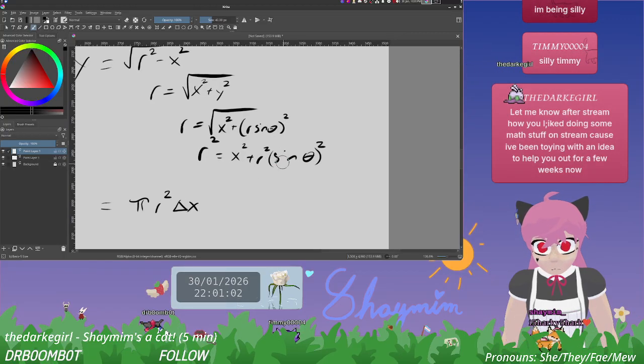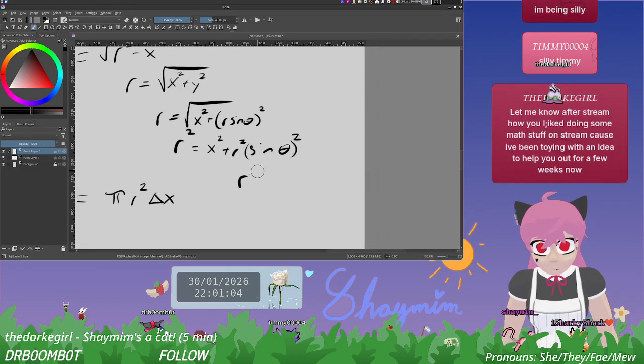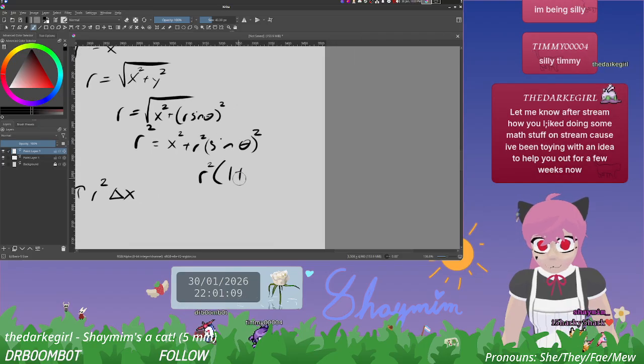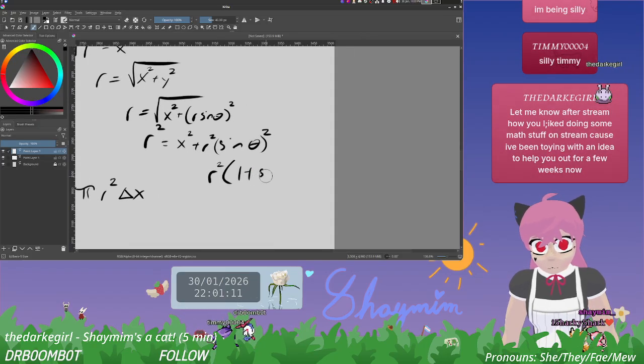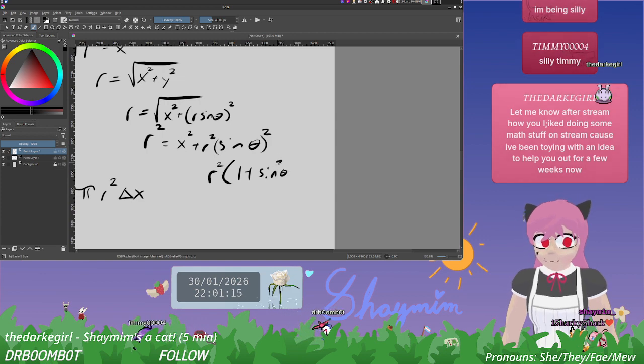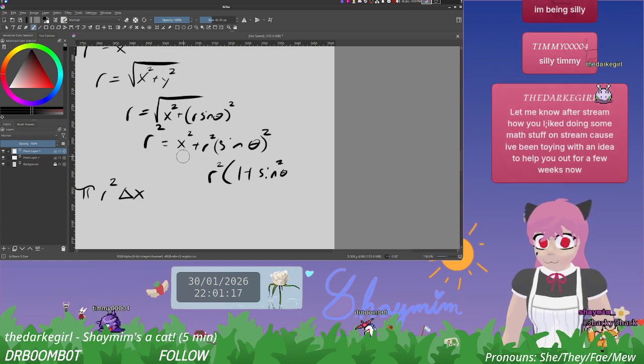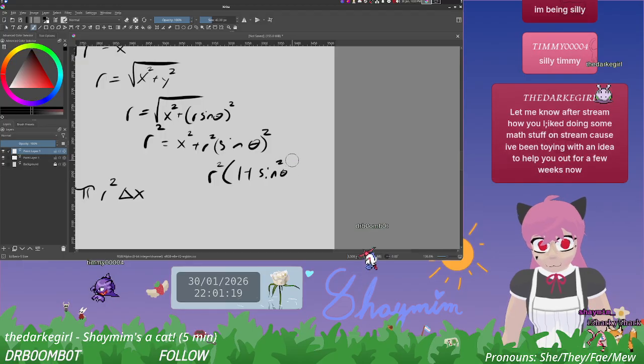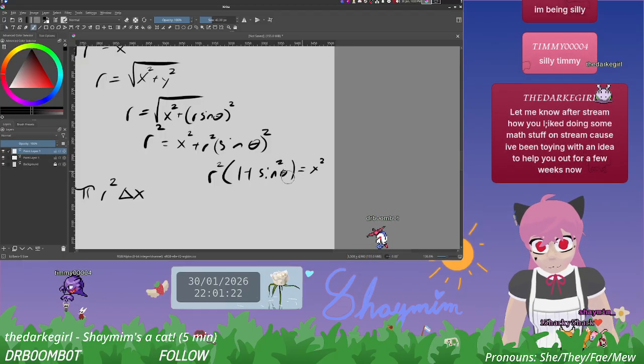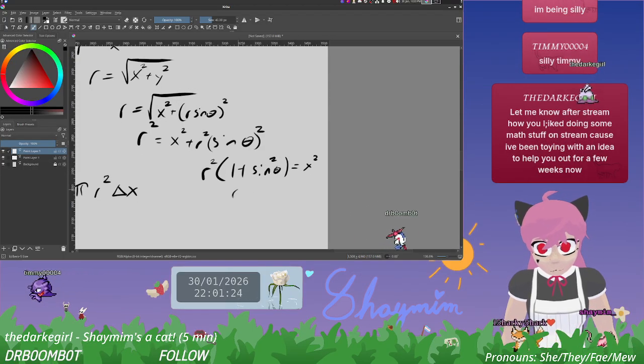Yeah, so we can carry this over. So it's r squared times 1 minus sine squared theta. Wait, that's still sine squared, isn't it? Yeah, because I factored that. Okay, equals x squared. 1 minus sine squared is cosine squared.